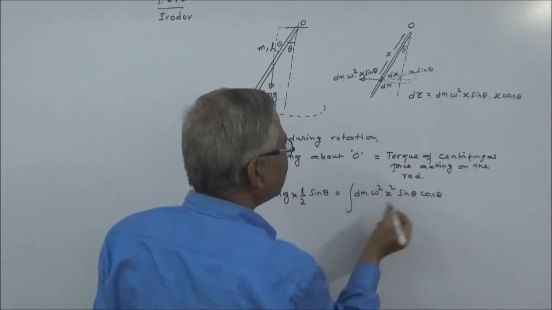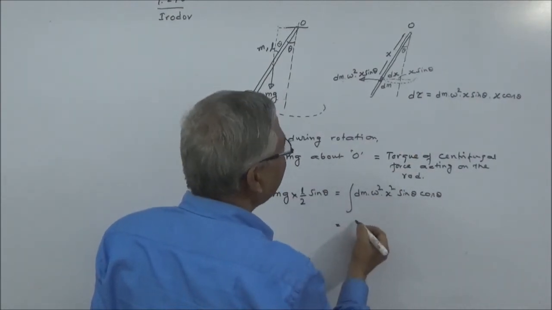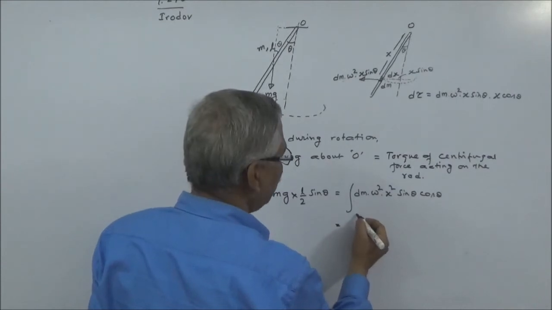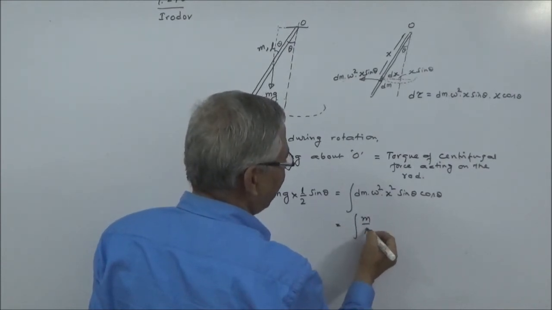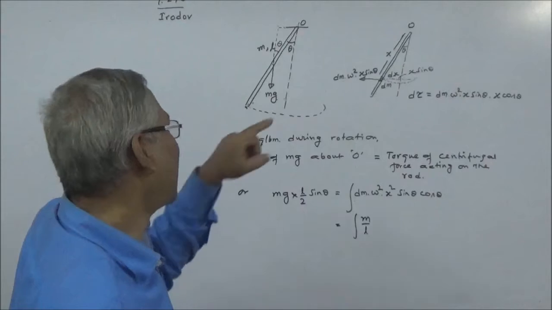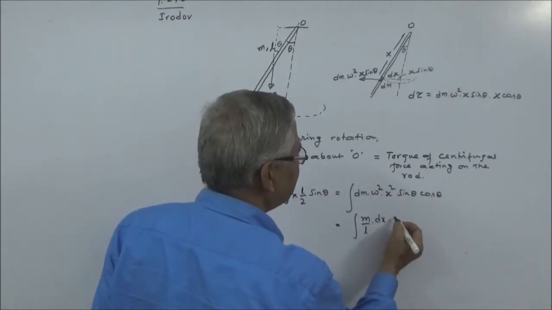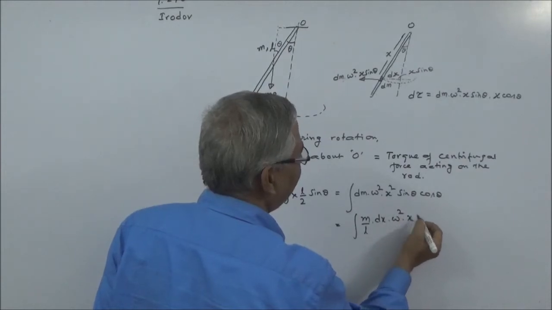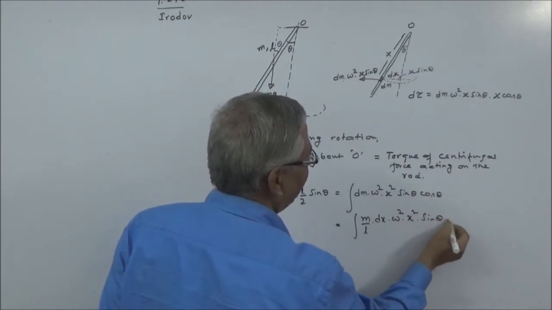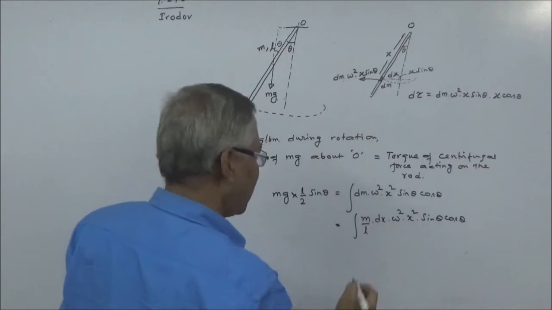The limit of x: dm equals m by L, the mass per unit length, multiplied by the length of this element, dx. So we have m by L into dx into omega square into x square sin theta cos theta.